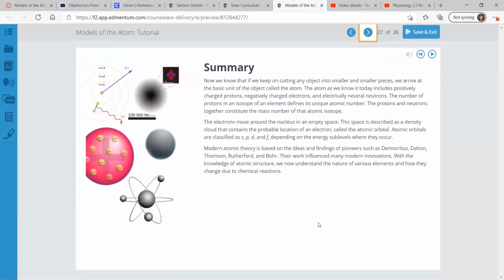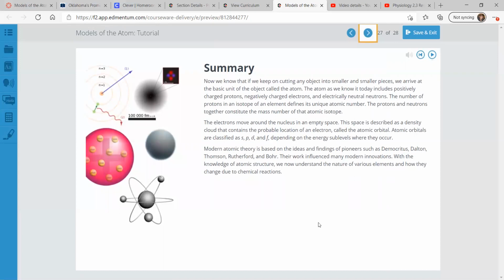But in summary, now we know that if we keep on cutting any object into smaller and smaller pieces, we arrive at the basic unit of the object called the atom. The atom as we know it today includes positively charged protons, negatively charged electrons, and electrically neutral neutrons. The number of protons in an isotope of an element defines its unique atomic number.